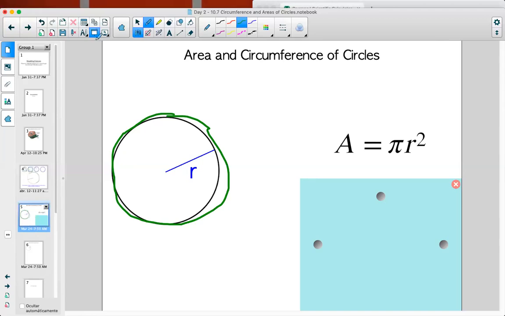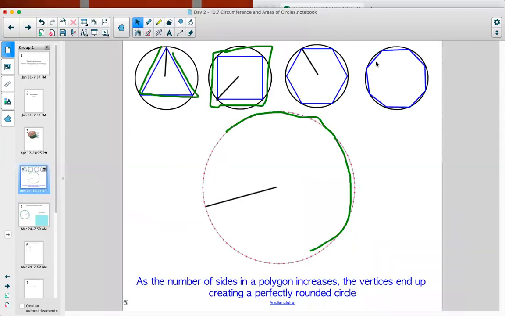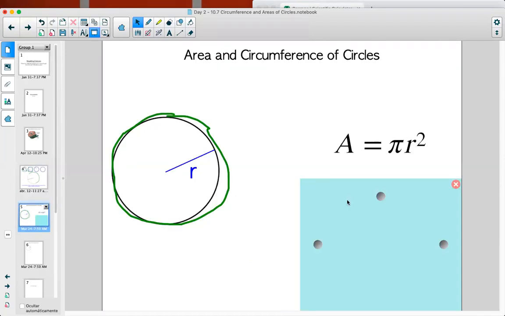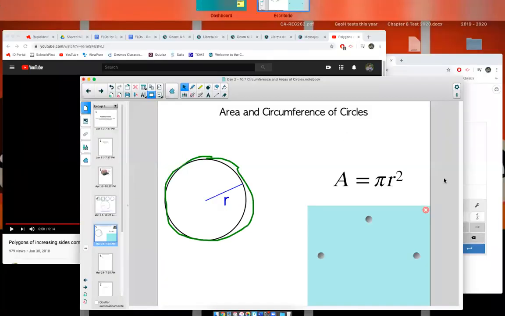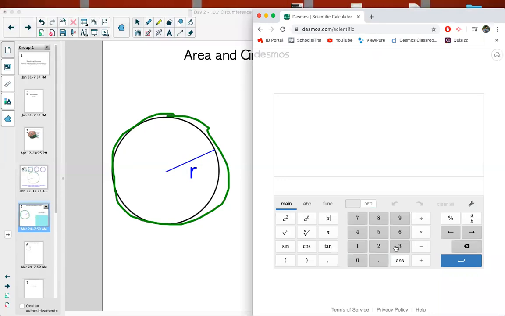And mathematicians, again, figured out that when we have a polygon that's 10 sides or larger, they kept getting double of 3.14. So they kept getting 3.14 times 2. So I can show you what that is. 3.14 times 2.